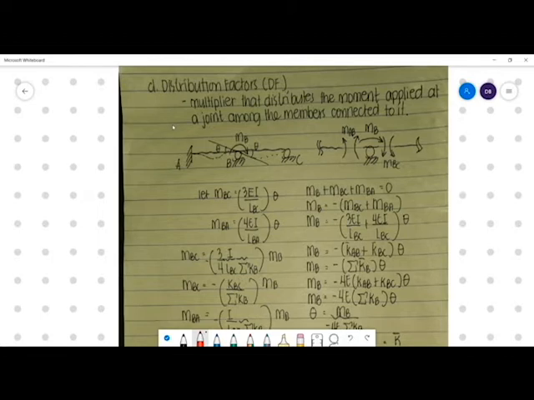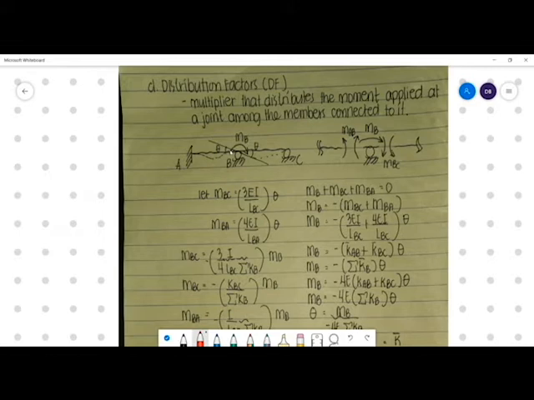The moment distribution method involves rotation, and later I will show you how it works. But let us first discuss the distribution factor.